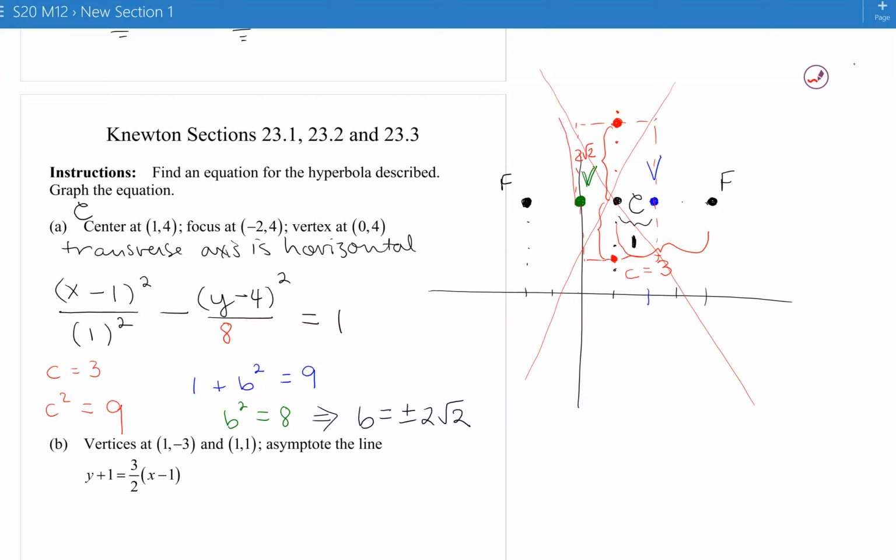And so we can draw the hyperbola touching the vertex and approaching the asymptote. And then we'd go back and erase this denominator under the x minus 1 squared since we don't show dividing by 1. So this would be my final answer for my equation.